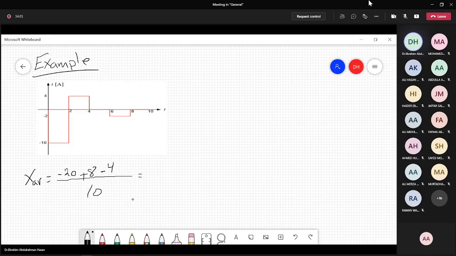So it will be minus 16 divided by 10, so it is equal to minus 1.6. This one is easy.